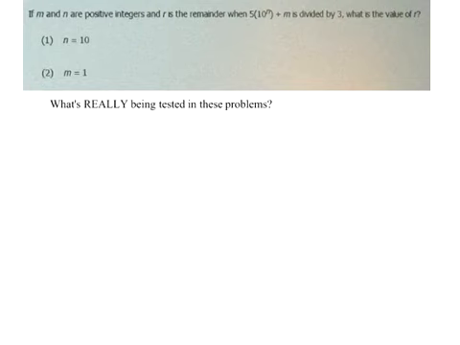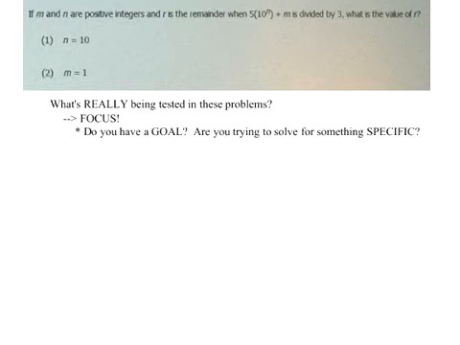What you're going to notice is that one of the main things they're trying to test in these problems is focus, which means, do you have a goal? Do you actually have a thing that you are trying to solve for? Are you trying to solve for something specific? And then if you do, can you stay focused on it?